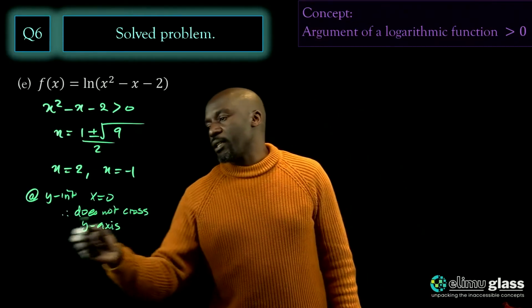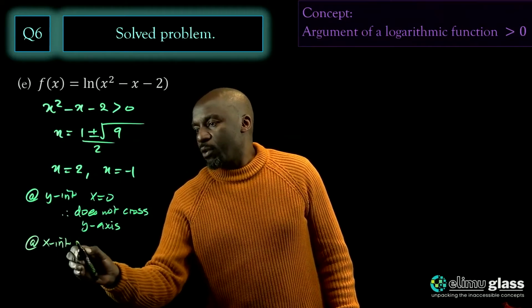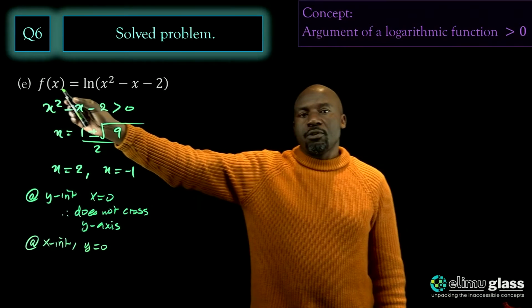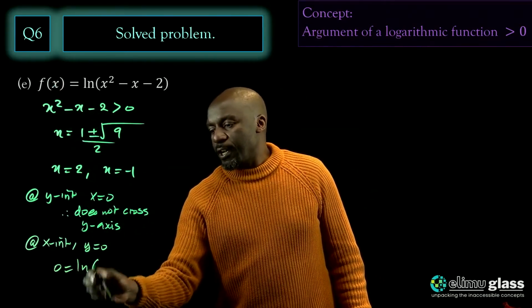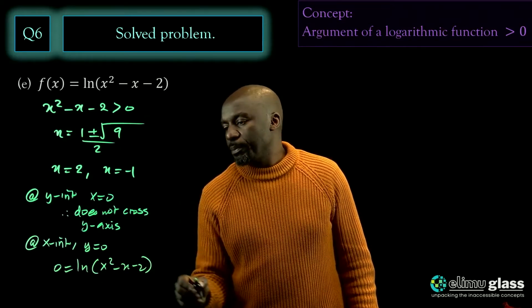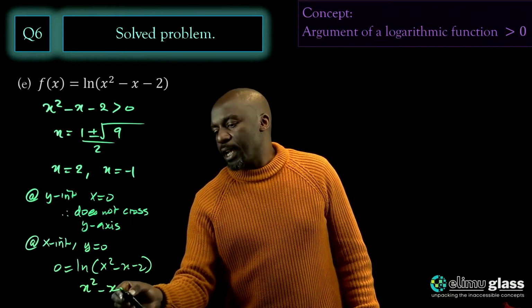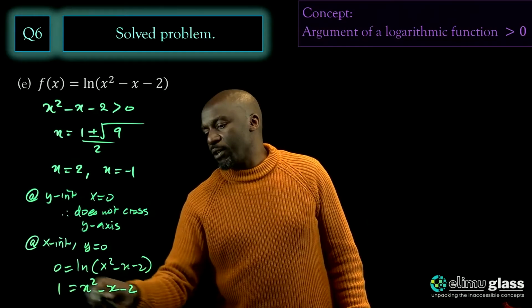What about the x-intercept? At the x-intercept, we reason that y has to be 0. So substitute 0 for y. So 0 is ln of x squared minus x minus 2, and so x squared minus x minus 2 must be equal to 1, since e to the power of 0 is 1.